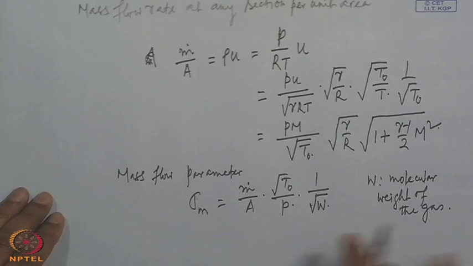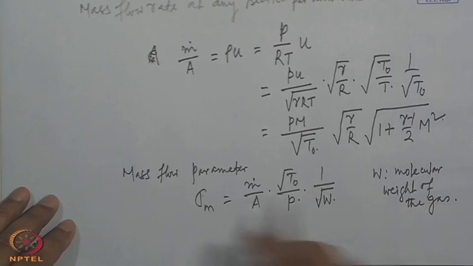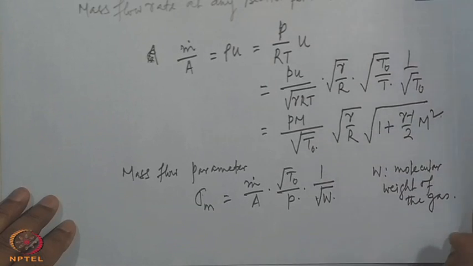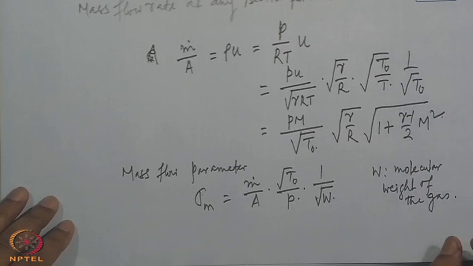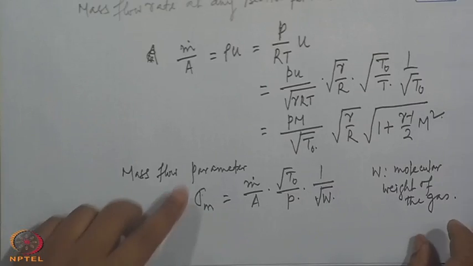This mass flow parameter is quite often used in turbo machineries to express the performance of compressor and turbine and nozzle.